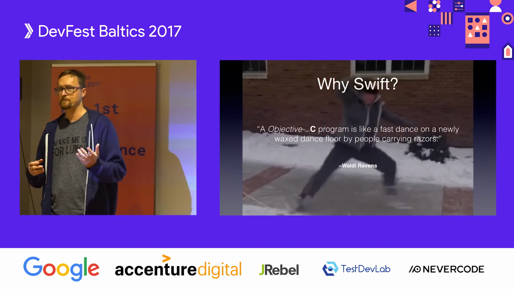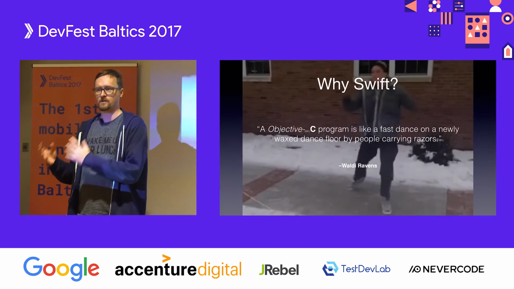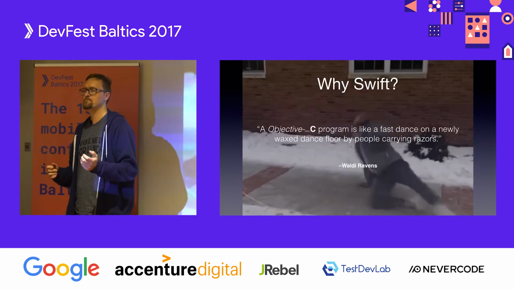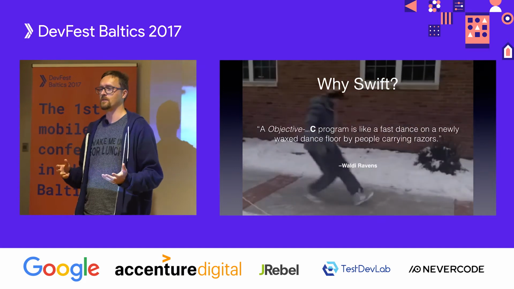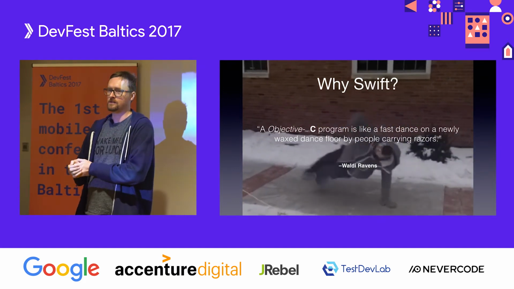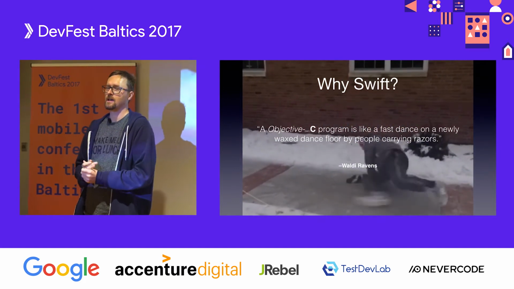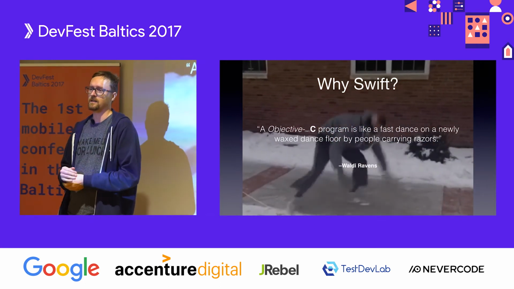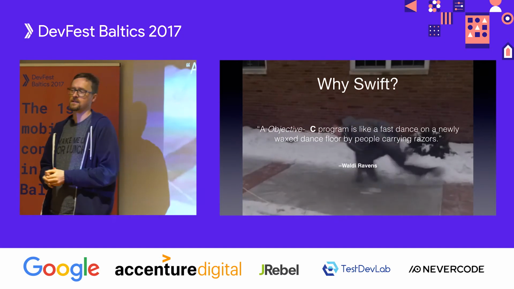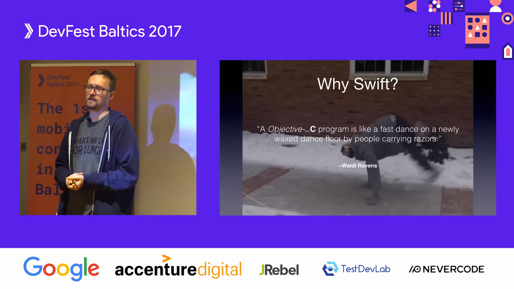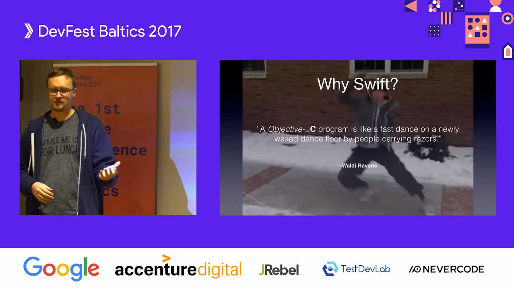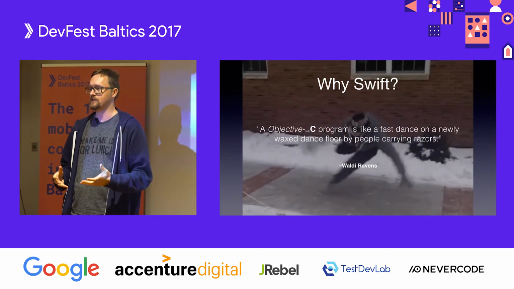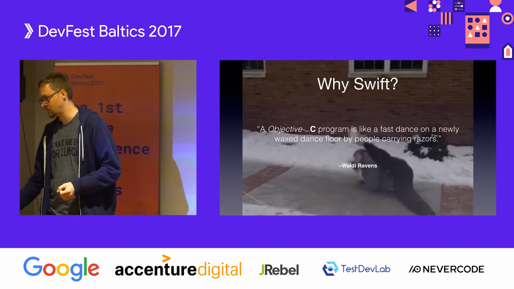Fun fact: ARC, automatic reference counting, happened because of Swift. In 2010, when we got this in Objective-C, it was already designed with Swift in mind. At that time, Chris Lattner had already started designing Swift. So we got it as an addition to Objective-C, but it is now an internal part of Swift, and we actually love it.